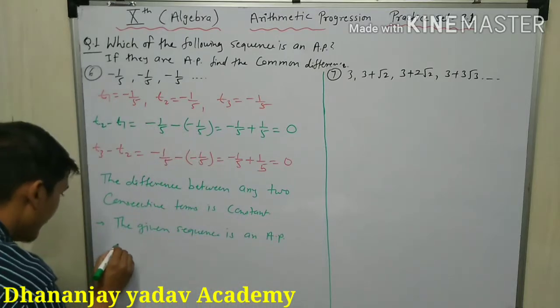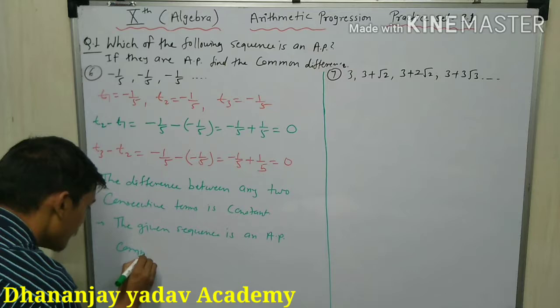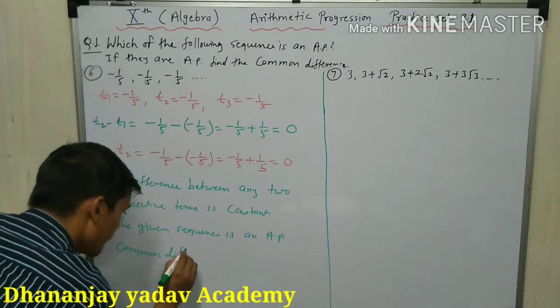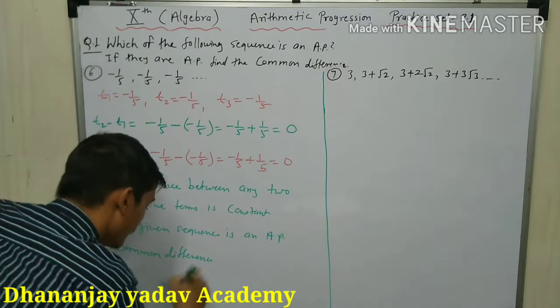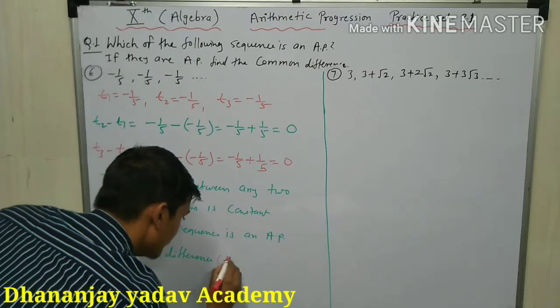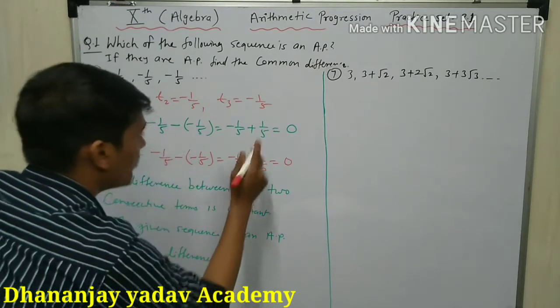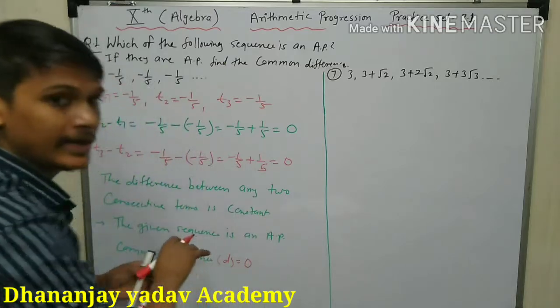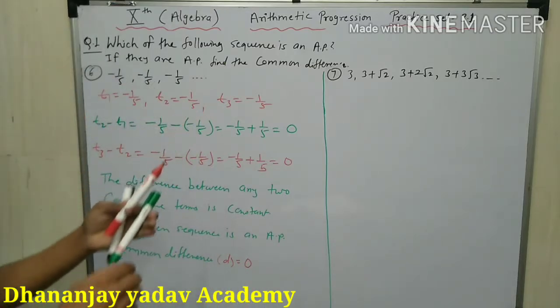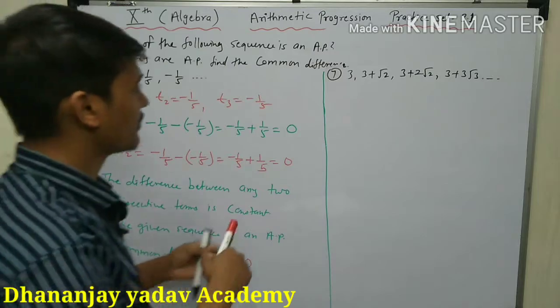Clear? Then there is the common difference. D is equal to, what is the common difference? 0. Clear? Now solve question number 7.